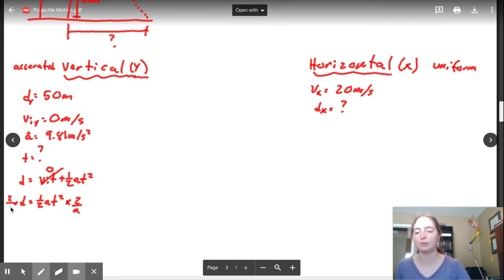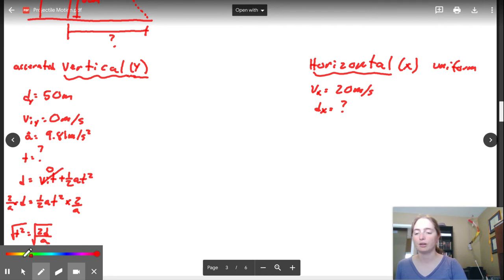Multiply by 2 and divide by a. So my t squared is going to equal 2d divided by a. Well, now I need to square root to get rid of that square. So t is going to equal the square root of 2d divided by a. Whoopsie. And square root the lot.